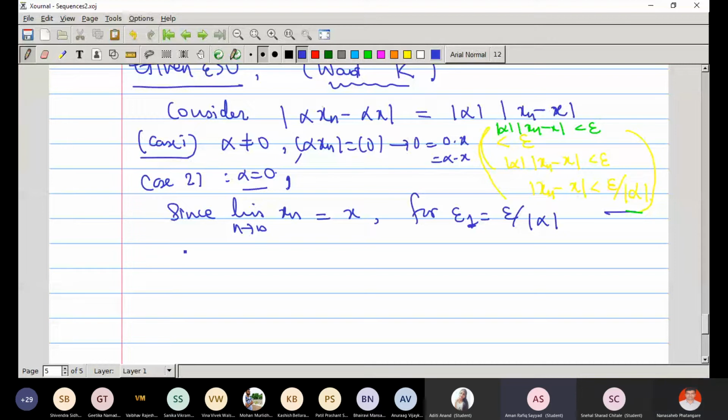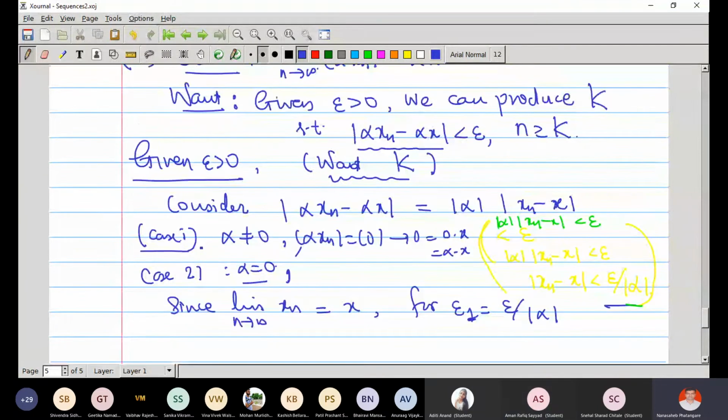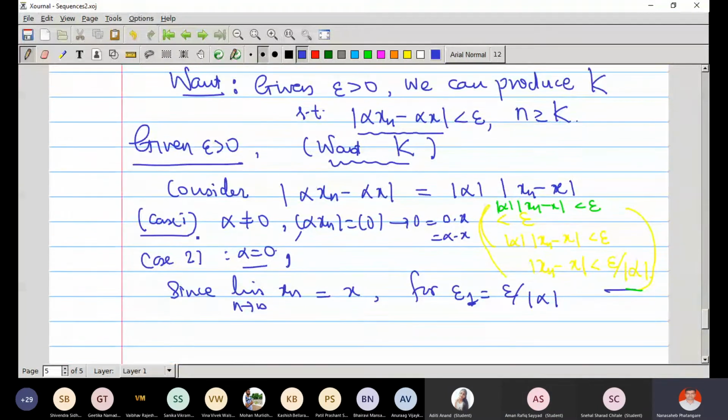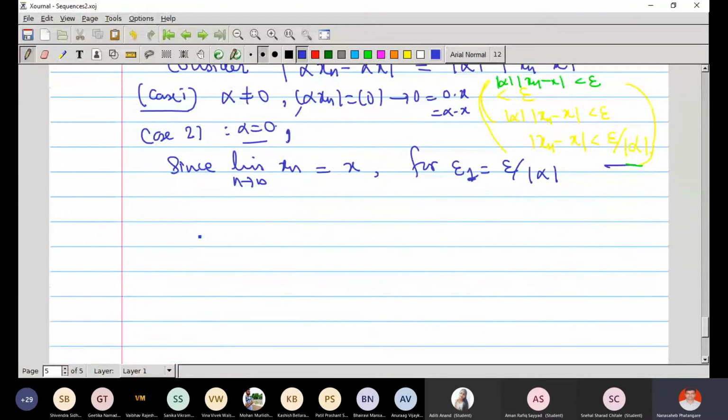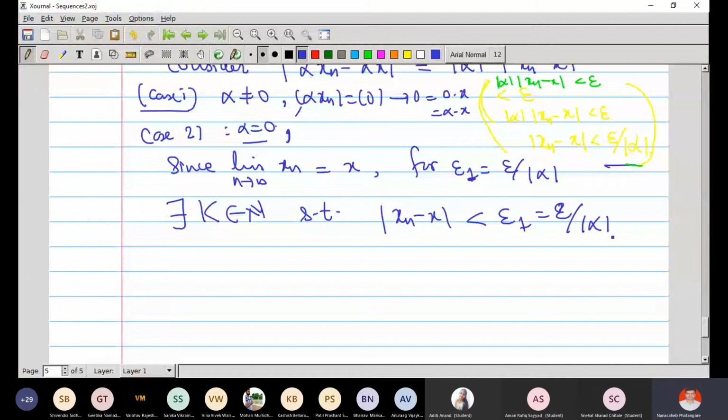Is this a positive number? Yes. Why? Because the absolute value of alpha is positive, it is non-zero, and epsilon is positive, already given. Since the limit of xn is x, for any epsilon we can produce k. So in particular for this epsilon 1 there exists some k such that the absolute value of xn minus x is less than epsilon 1, which is epsilon upon alpha.